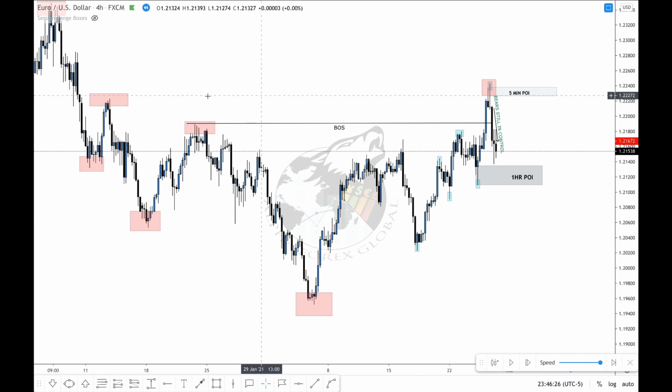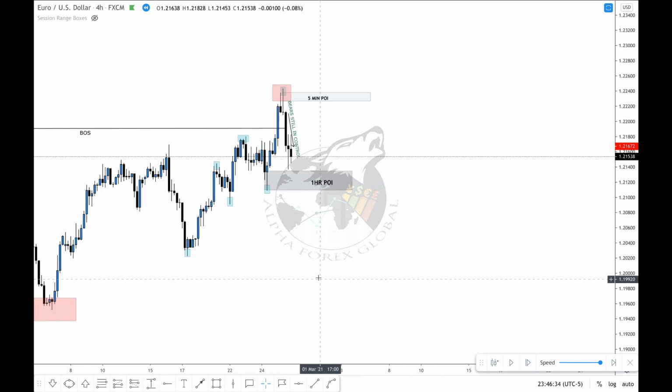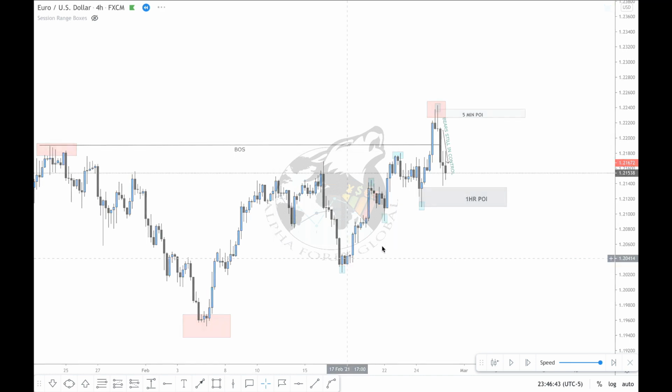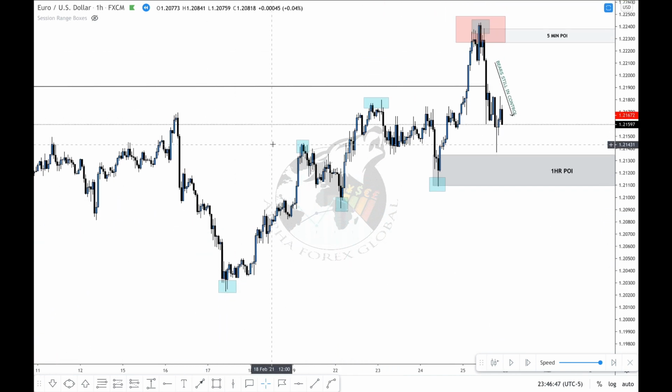But now we broke this structure, so we're looking for the market to give us some form of bullish move, right? Now over here on this 1 hour time frame, we're seeing the market in an uptrend: higher highs, higher lows.